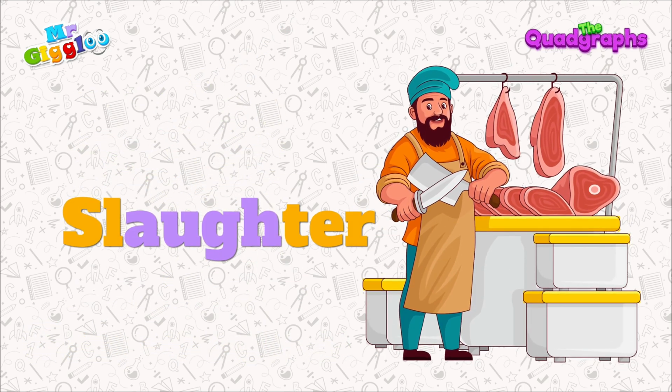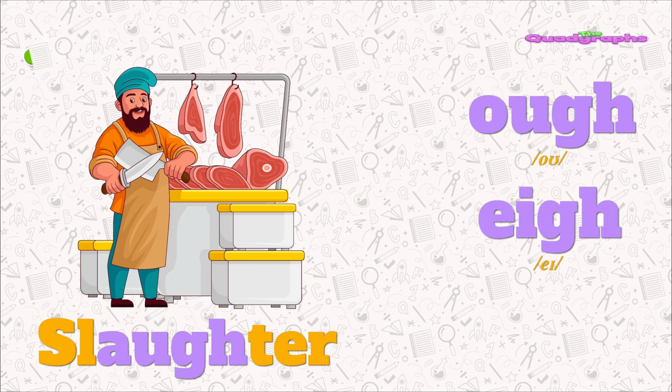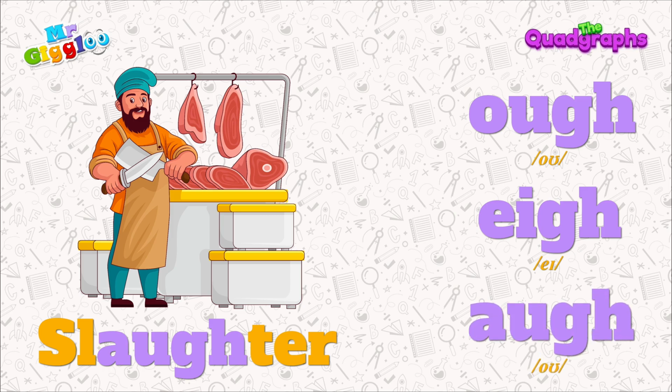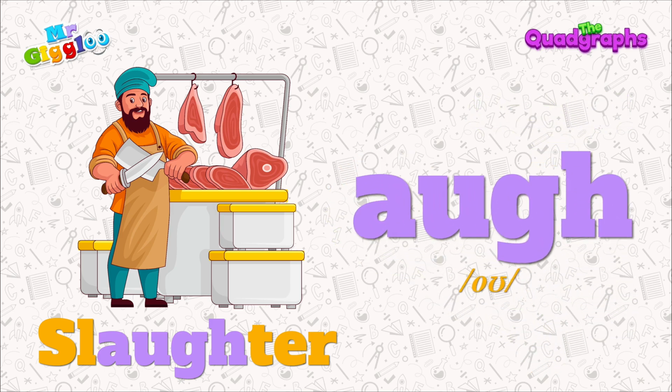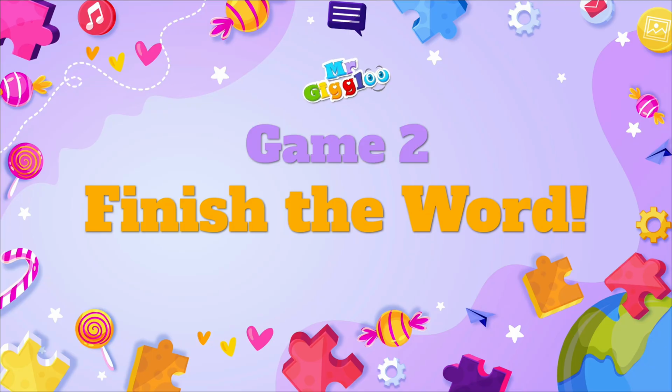Slaughter, and the options are OUGH, EIGH, and AUGH. Now you match the quadgraph with the word. Yes, the correct one is AUGH.